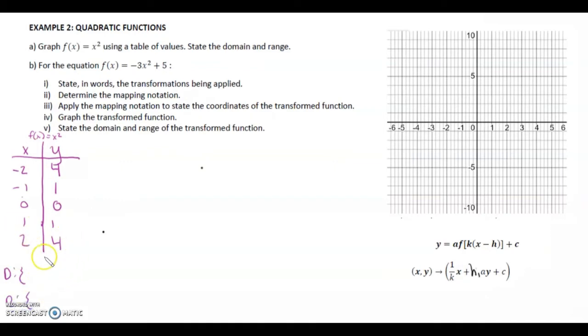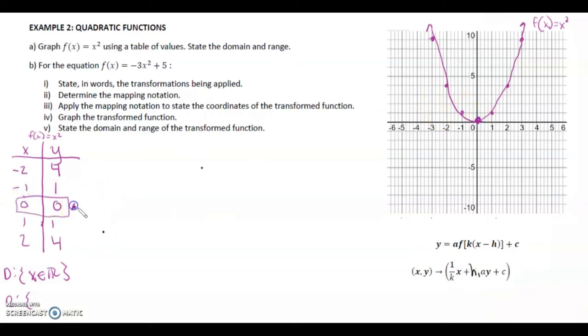Okay, so for the domain of a quadratic function, and the quadratic is going to look like this, the domain is always going to be x ∈ R no matter what. And the range, we have to take a look at where the vertex is. The vertex is (0, 0).